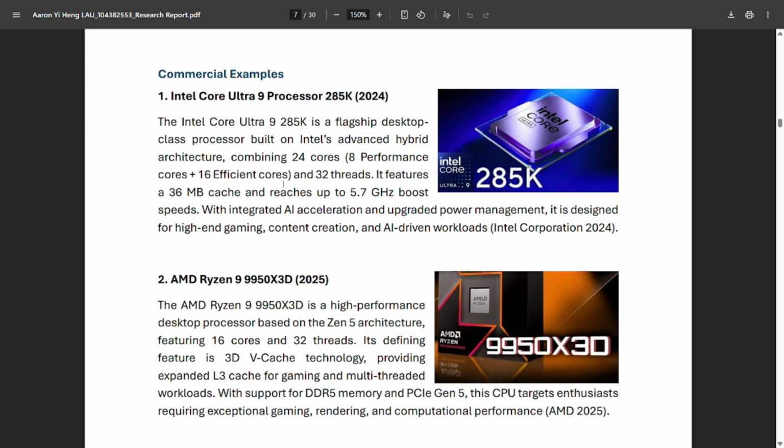It also includes a large 36 MB cache and can boost up to 5.7 GHz. What stands out is integrated AI acceleration, which makes this processor suitable not only for traditional workloads like gaming and content creation, but also for AI-driven tasks such as on-device machine learning inference.